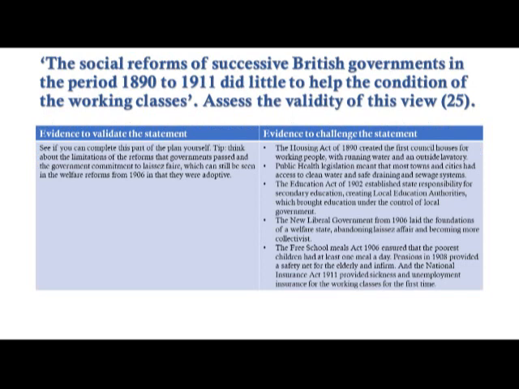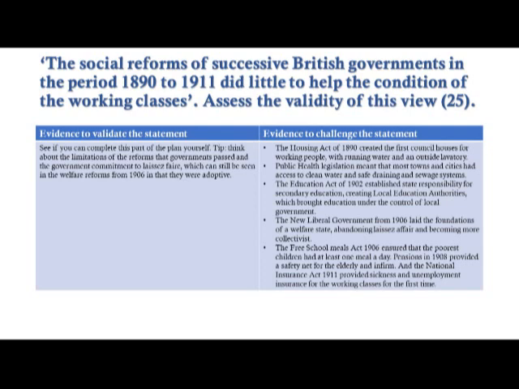For this question, I'm just going to get it up on my actual PowerPoint so I can see what I'm doing. I've put the evidence to challenge the statement on the right hand side.